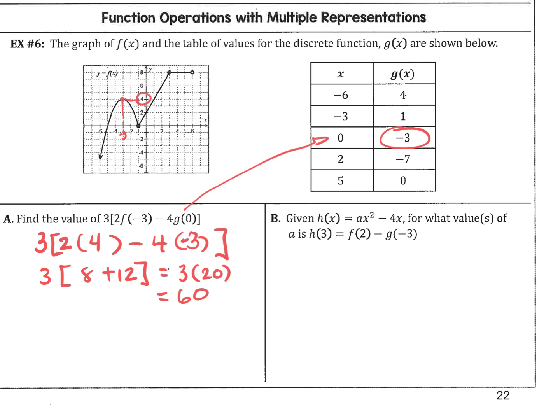Now, let's look at B. It's trying to make it even harder. It says, given h of x is ax squared minus 4x, for what values of a is h of 3 equal to f of 2 minus g of 3? So the first thing we have to do is figure this out. Can you find what f of 2 is?